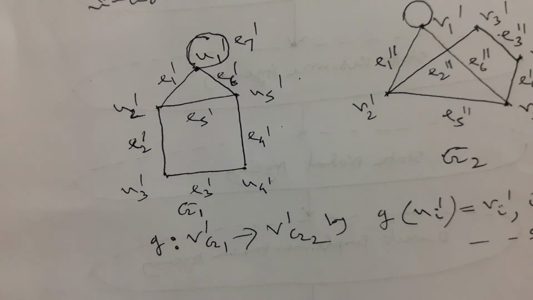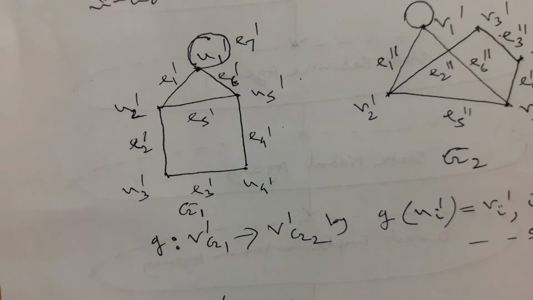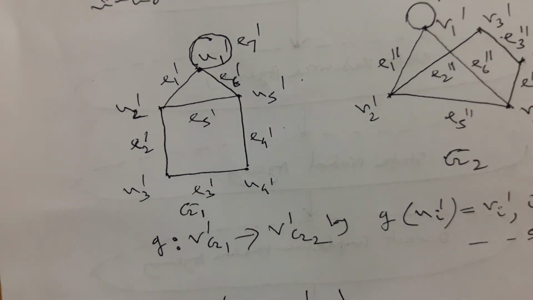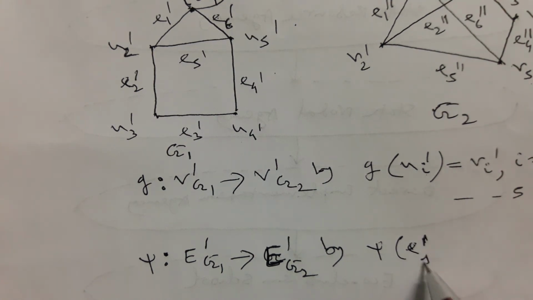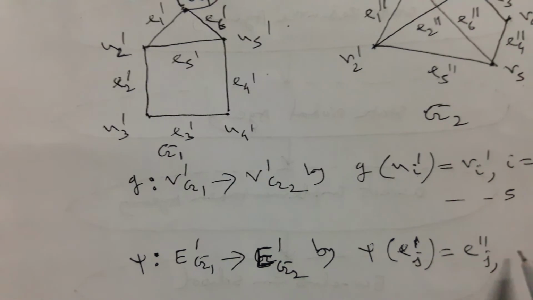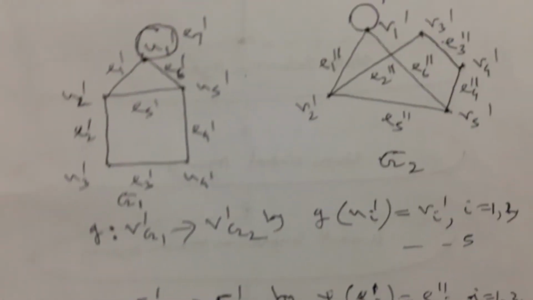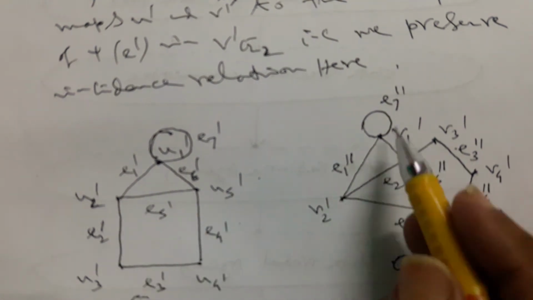So in this way, psi of e_j' will be e_j'', j running from 1 up to 7, and we already know that psi of e1' is e1'', that is connected.